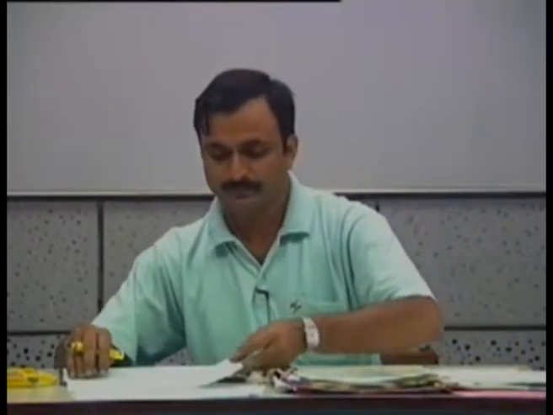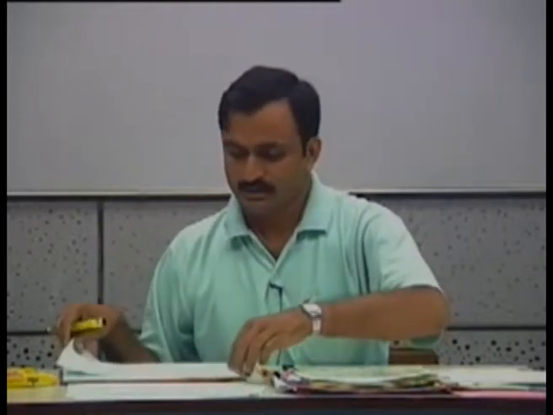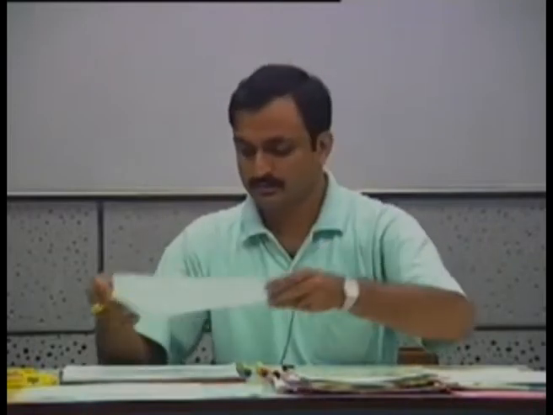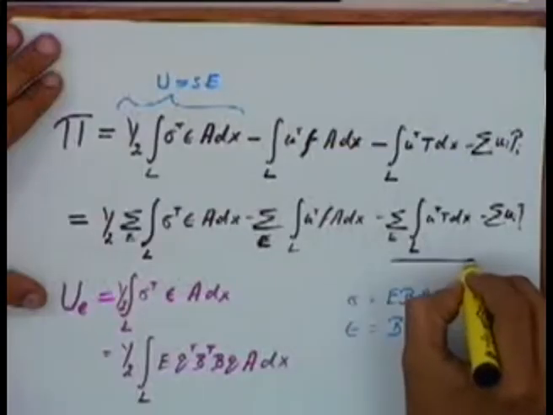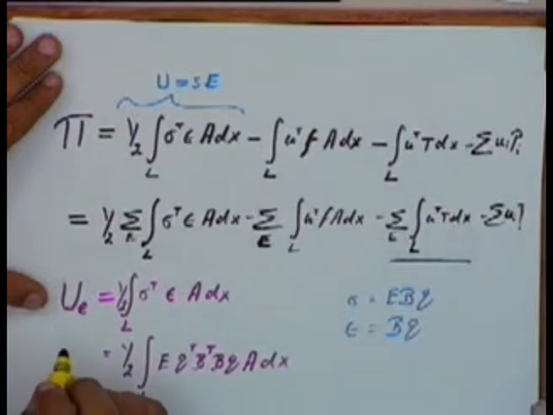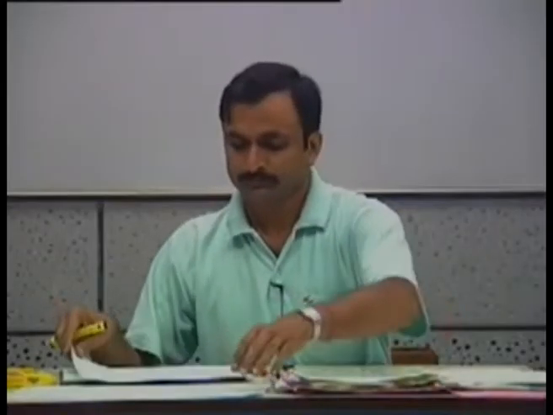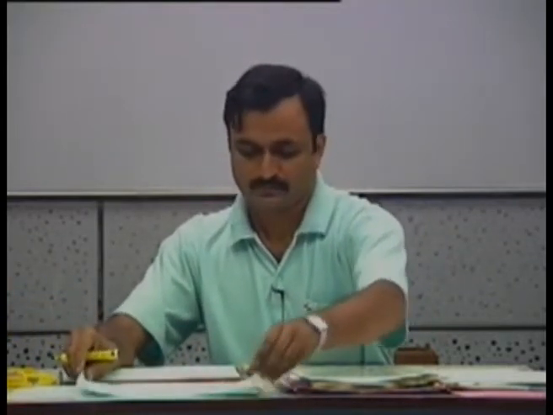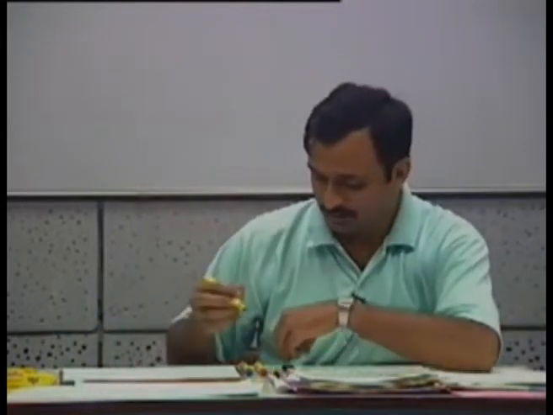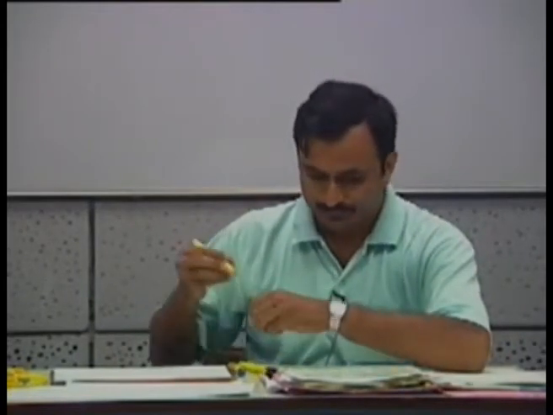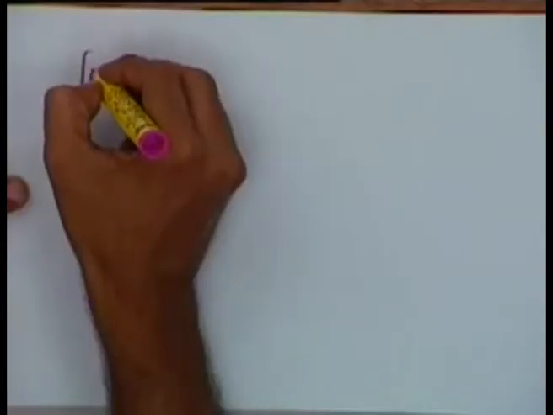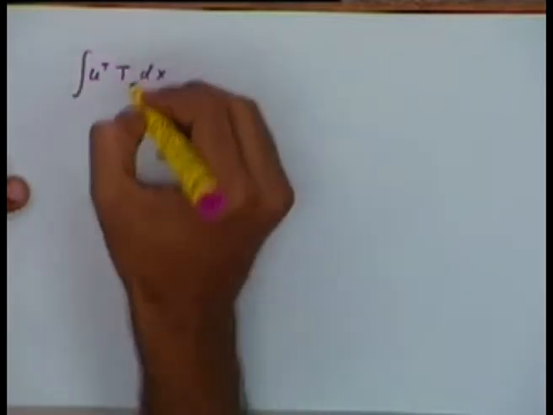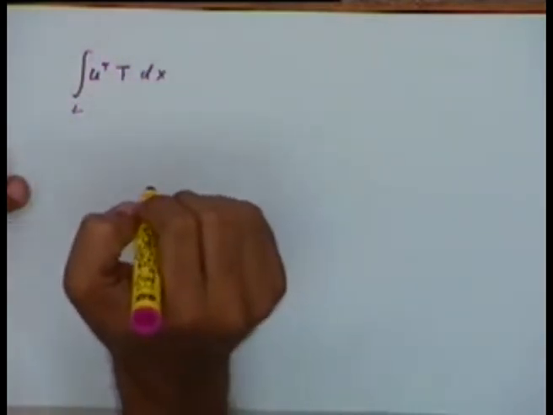Now similarly, we'll evaluate the next term in our potential energy expression, that is this term. And for this term what we get is a similar relation: integral of u transpose t dx over the length.